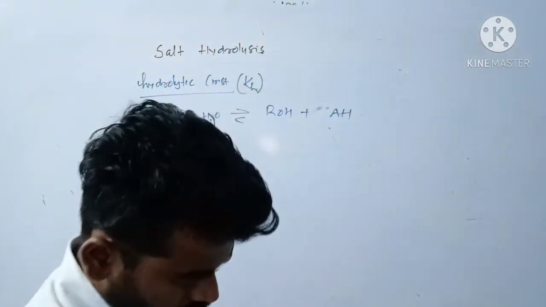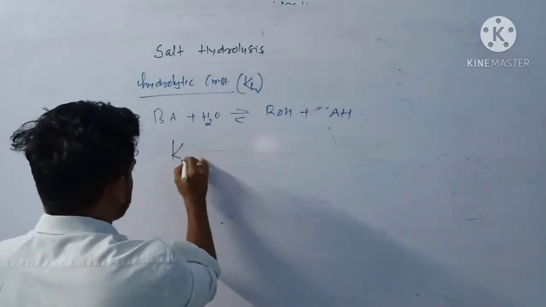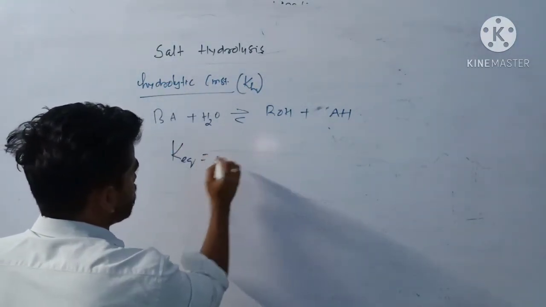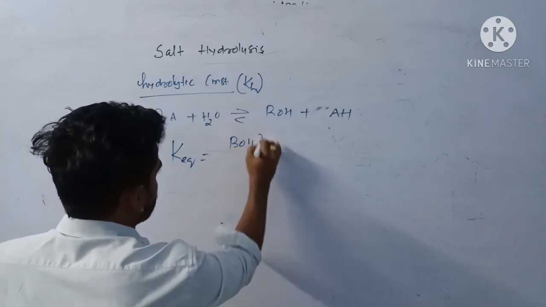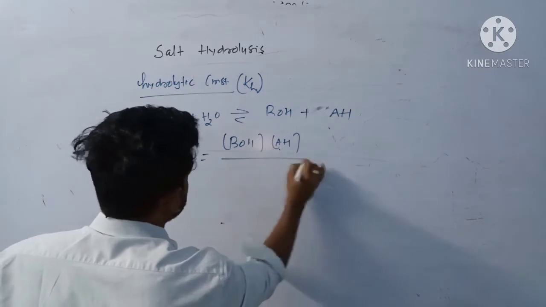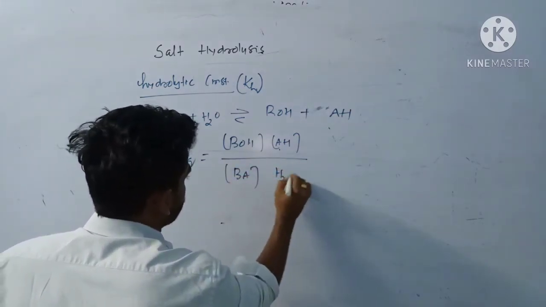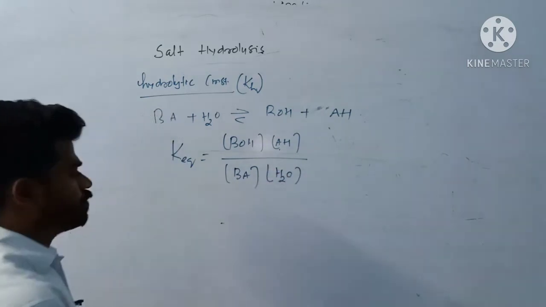Now if I write the equilibrium constant K equilibrium, that is equal to the concentration of base, concentration of acid, upon concentration of salt into concentration of water.